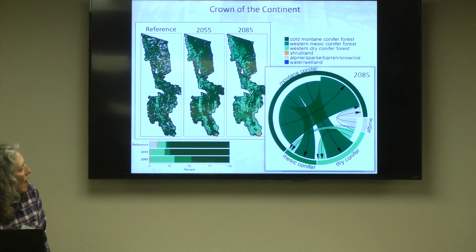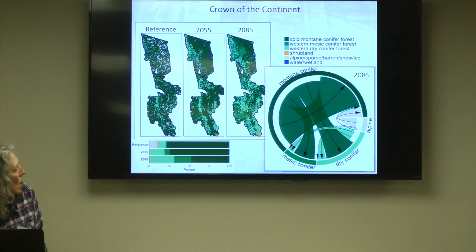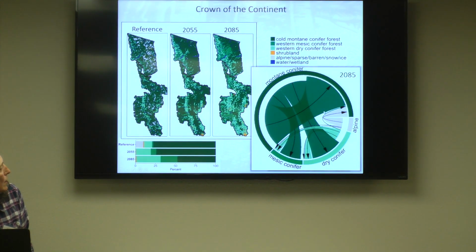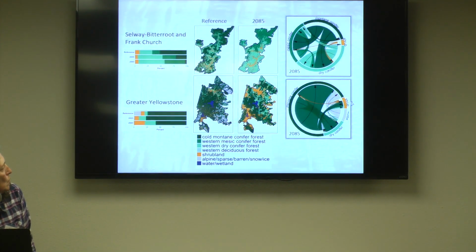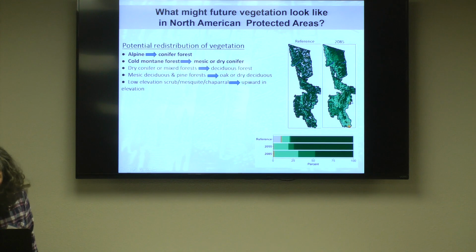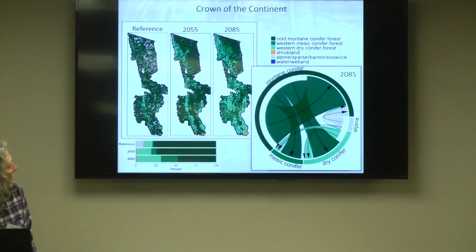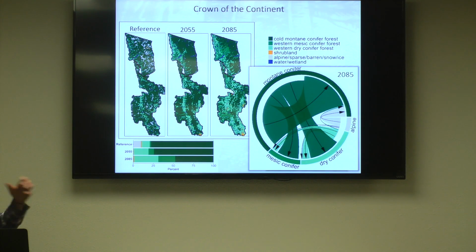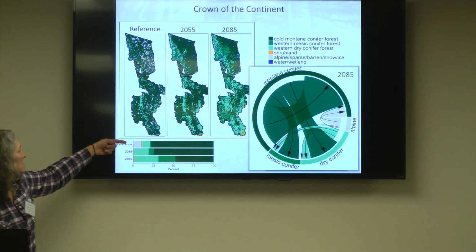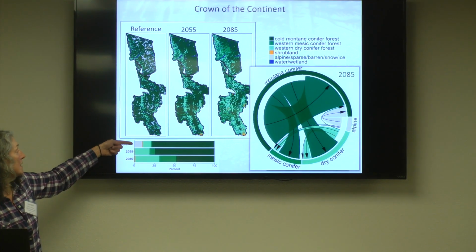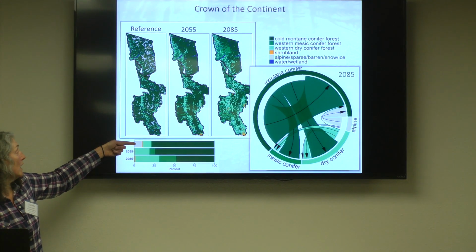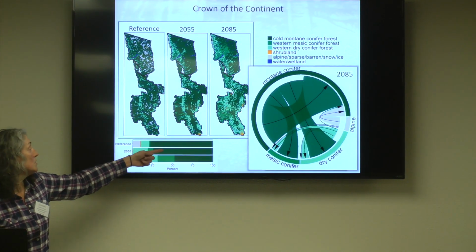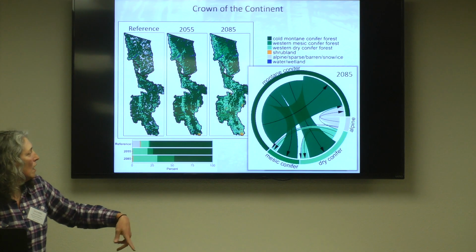So alpine, this gray swath here that arcs up and over to montane conifer, is essentially representative of, okay, this gray area goes to dark green.